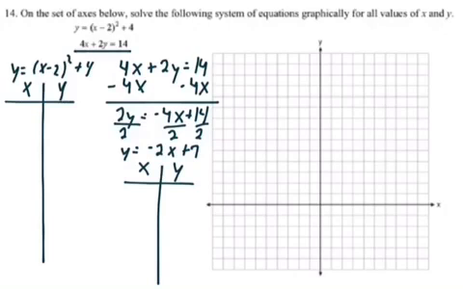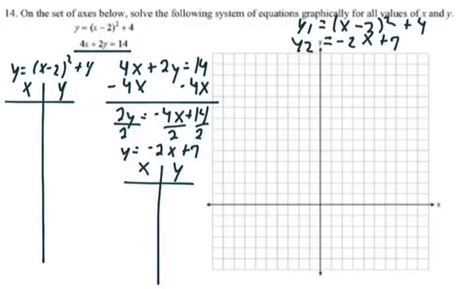So again, in your calculator, type in y1 equals (x minus 2) squared plus 4, y2 equals negative 2x plus 7, second trace intersect.